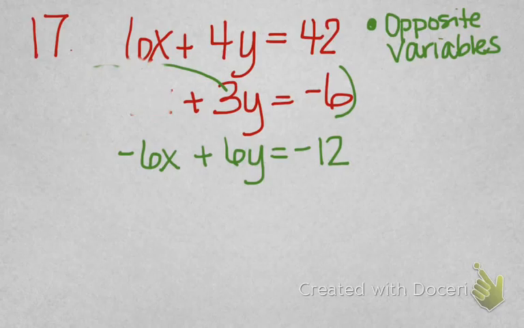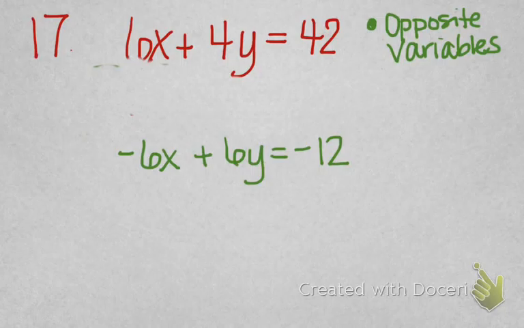And then I'm going to reevaluate. Do I have opposite variables? I notice that my red x, which is 6x, and my green one, negative 6x, those are opposites. So once I have opposites, then I'm going to add the two equations.